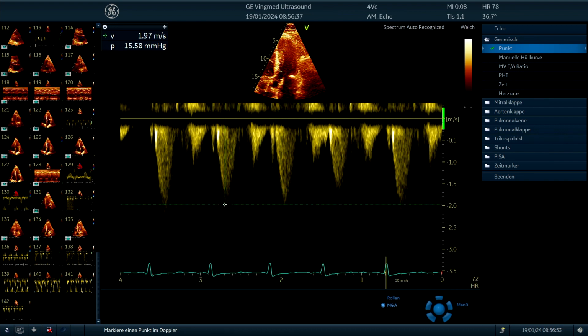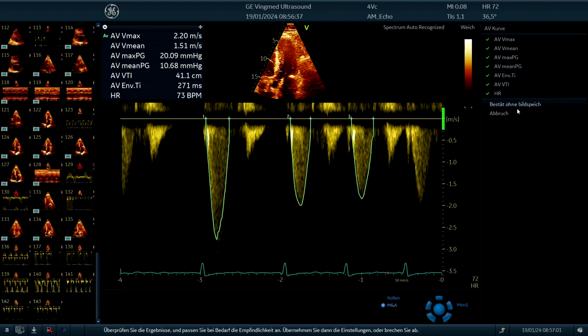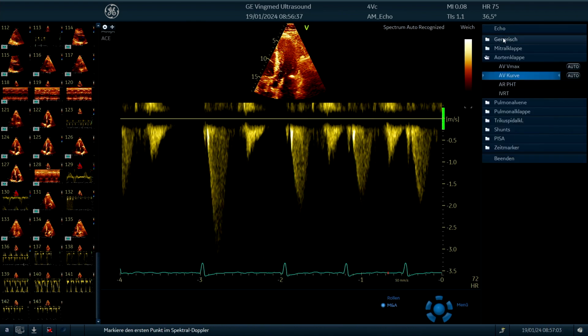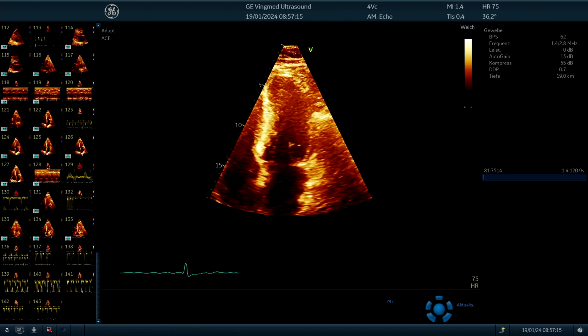The gradient is around 15 millimeters of mercury. So 2 meters per second, 15 millimeters of mercury. This is not a relevant gradient in the LVOT, but we also want to measure this one here. So that's still a relevant gradient, but during exercise it's below 50 millimeters of mercury. So still, that's not a big problem.